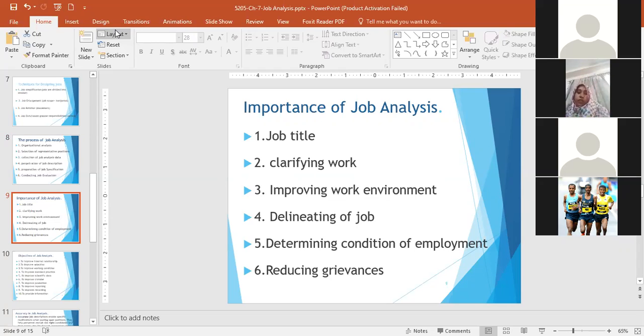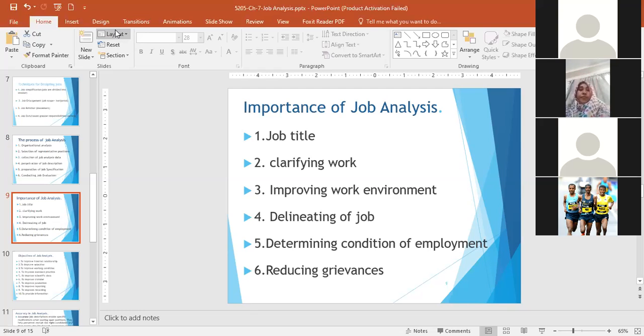First of all you have to write the job title. And then the second one is clarifying work. That means duties or responsibilities, right? What types of work have to be done for that position.